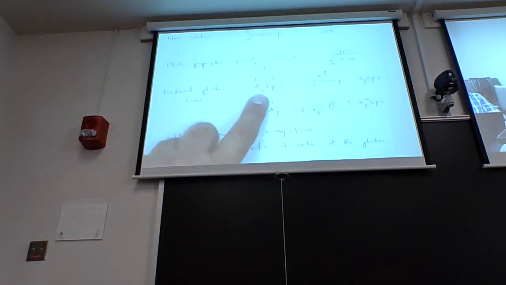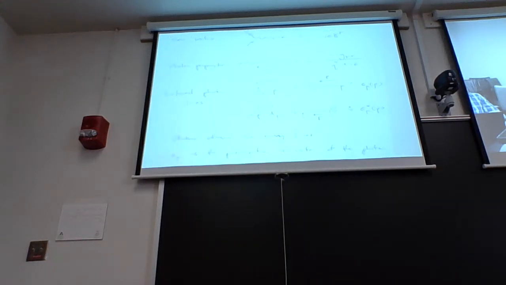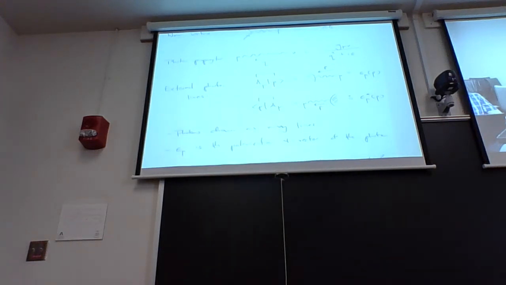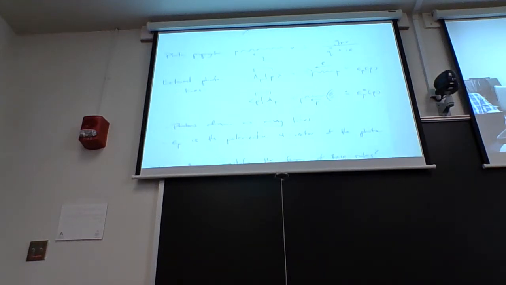And for cases with external photons, where you say you scatter e plus e minus into two photons or something like that, you have to write down a contraction rule between the photon field and the initial and final states. And those we write in terms of the polarization vector.